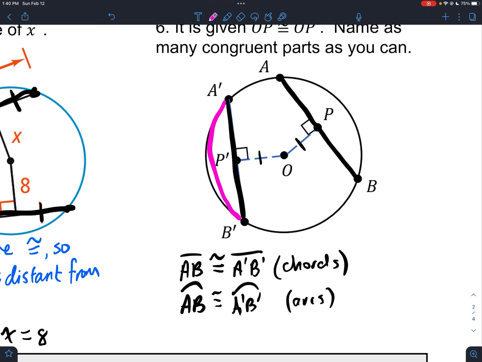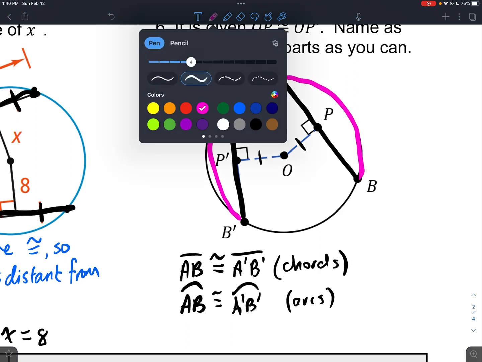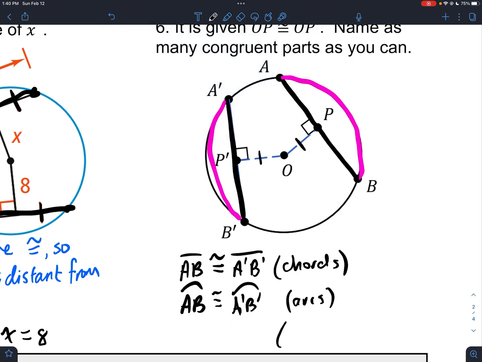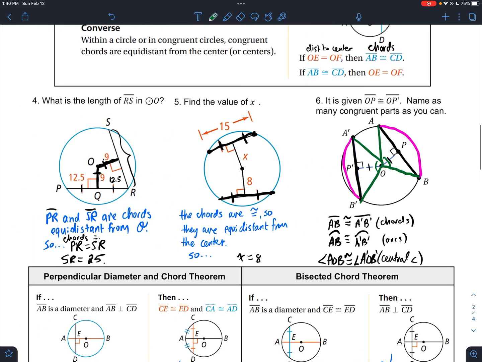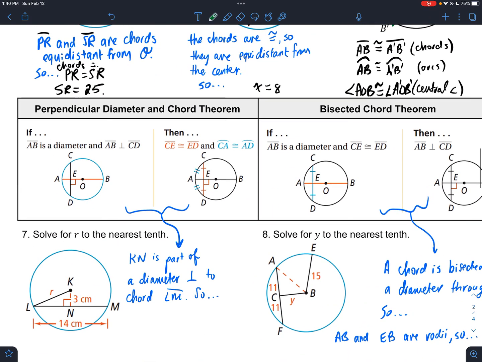So this chord is congruent to this chord. This arc is congruent to this arc. And remember what the third one was? Central angle. So AOB is congruent to A prime OB prime. Basically the angle that opens up to the chord. Those are equal too. Pretty neat, right?